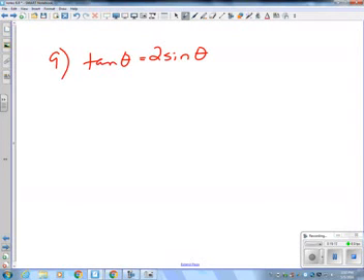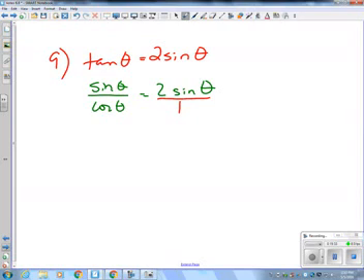So in this one, maybe I can try that same thing. Maybe I can put in sine of theta over cosine of theta. And you'll think, well, that didn't help very much because now you still have mixed words. Well, let's stick a 1 under this one and see what we can do with it.